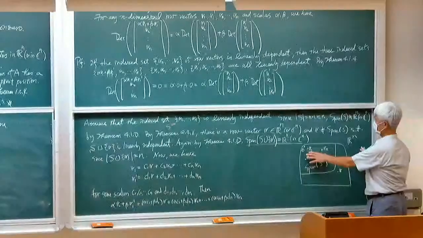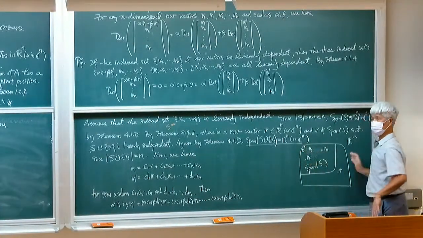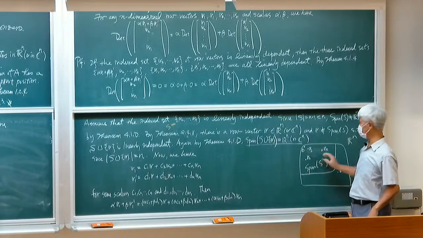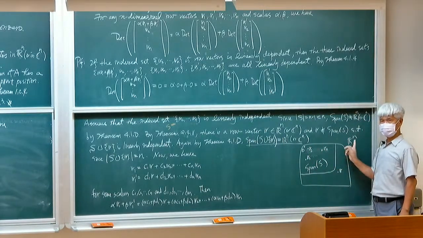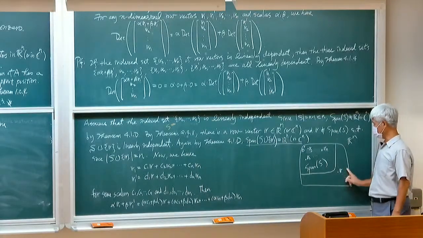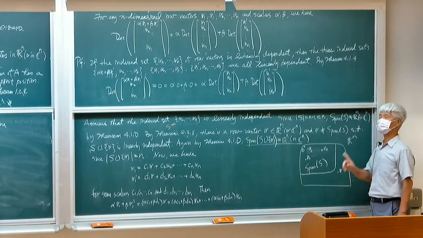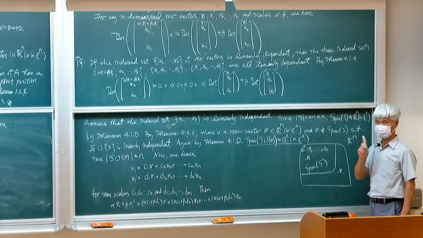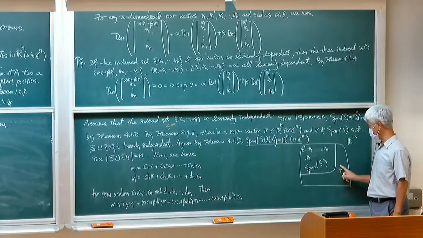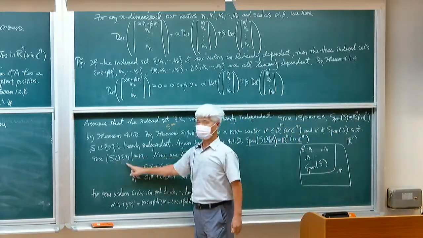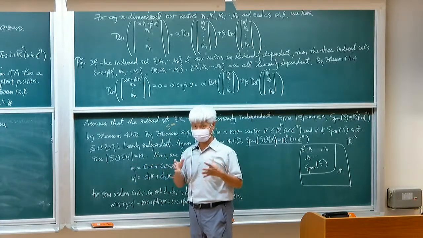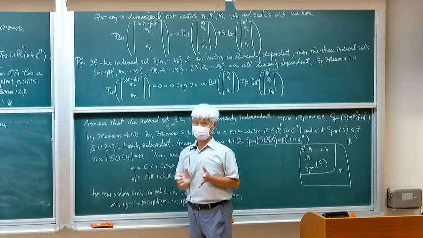If the n minus 1 vectors are linearly independent, we make sure that they cannot span the whole n-dimensional Euclidean space. So there exists one that is very crucial for us. There are many choices, but you can always find one such vector R outside of the span, such that when you append R into S, you enlarge the linearly independent set to have size n, and still remain linearly independent.